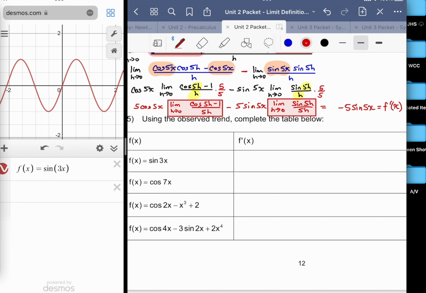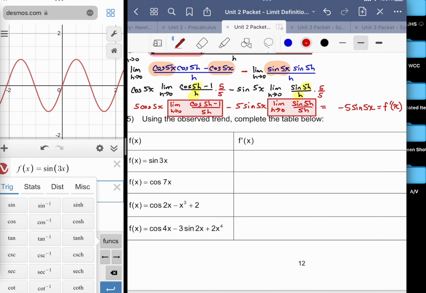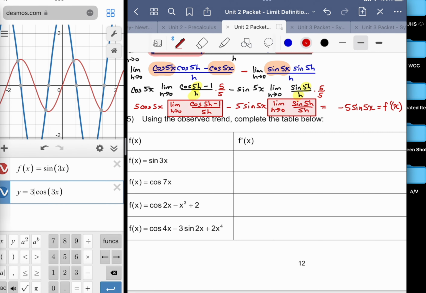I think the derivative of that, well, sine has a derivative of cosine, so I think it's going to be cosine of 3x, but I would also need to multiply it by the derivative of the inner expression, that 3x. So I'm going to pop a 3 in front.